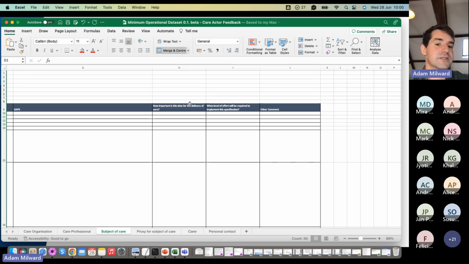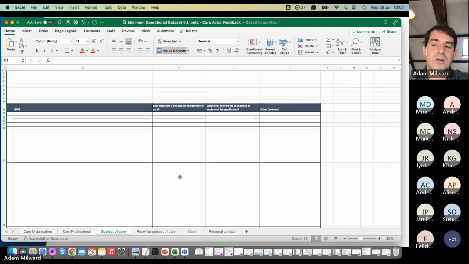In the next iteration we'll say what is 100% important, the difference between things that are mandatory, things that are required, and things that aren't required. Then you'll have a really clear indication of what would 100% be expected, what we think someone should be collecting, and what's more of an optional element.